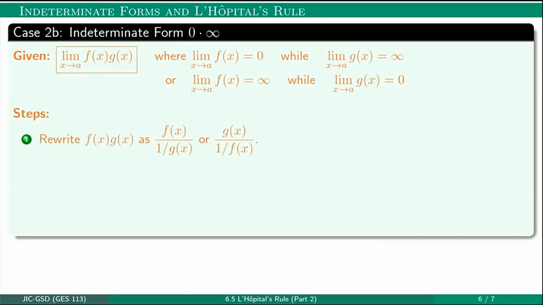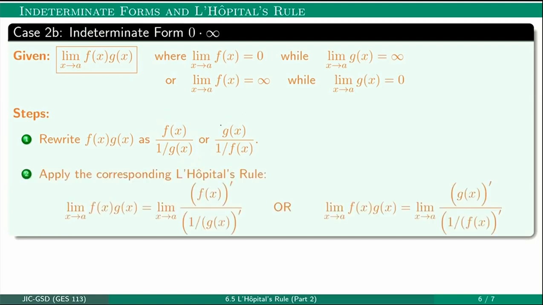First, we have to rewrite our function f of x multiplied by g of x as f of x divided by 1 over g of x, or you can keep the g of x up but divide it by 1 over f of x. Doing this, you will now have either 0 over 0 or infinity over infinity. So the next step is just to apply L'Hopital's rule to the newly written function.